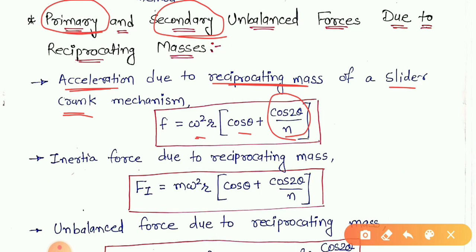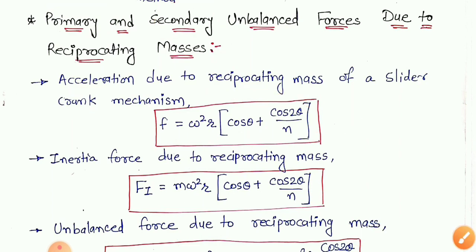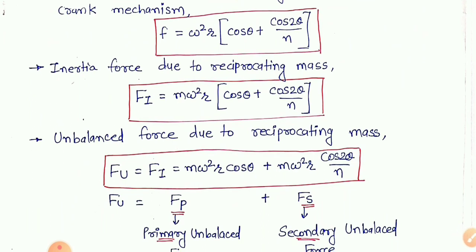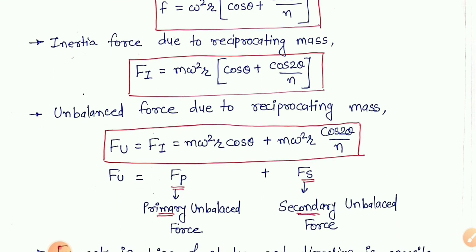Omega is the angular velocity, r is the radius, theta is the crank angle, and n is the obliquity ratio L by r. So the inertia force due to this acceleration will be Fi is equal to m omega square r into cos theta plus cos 2 theta by n.